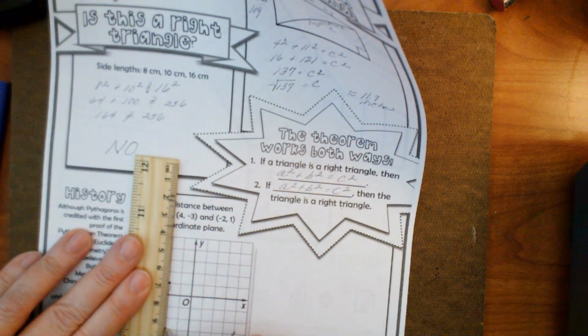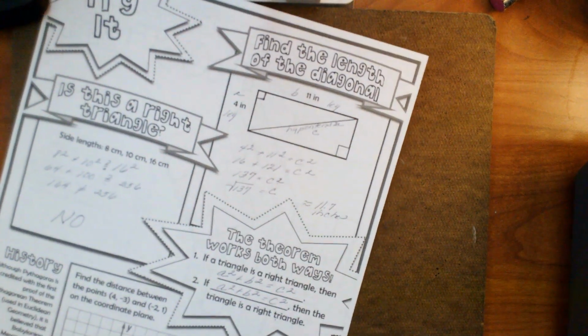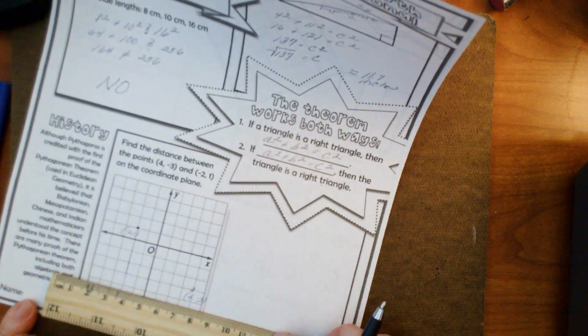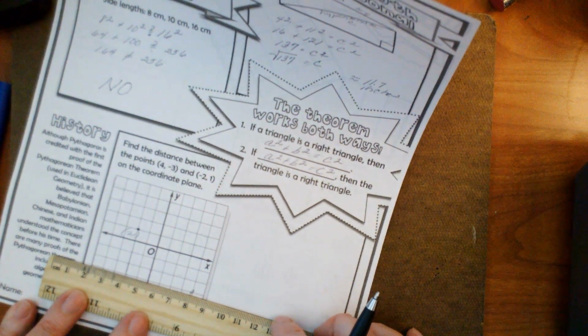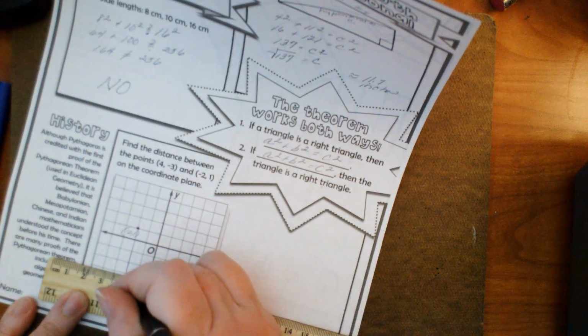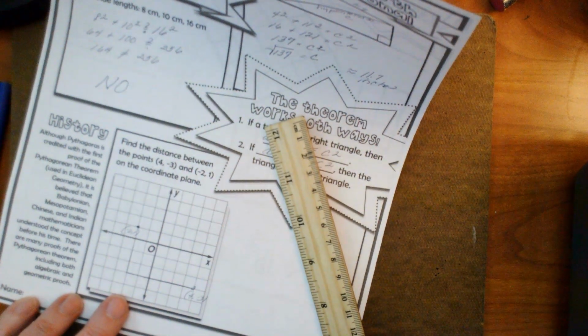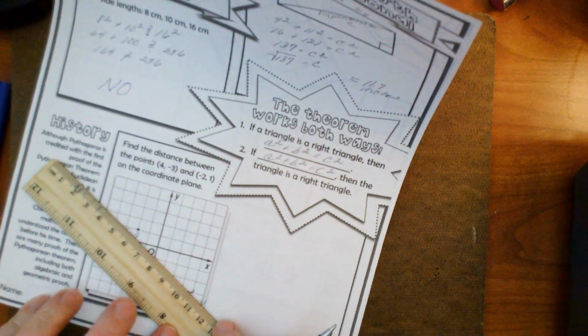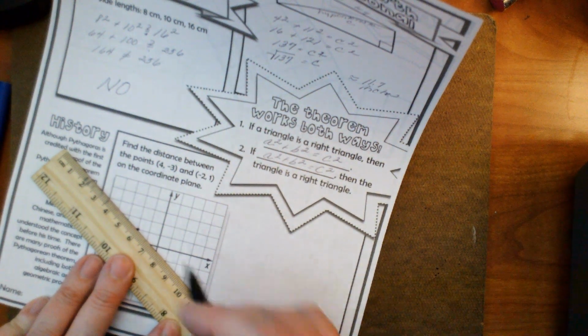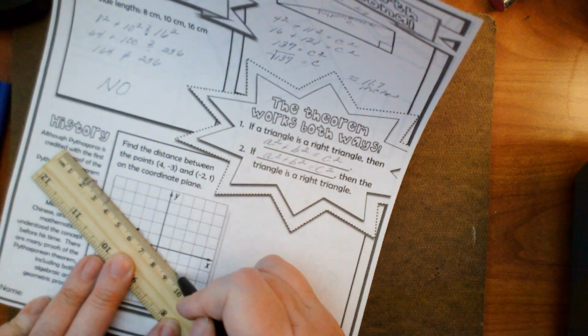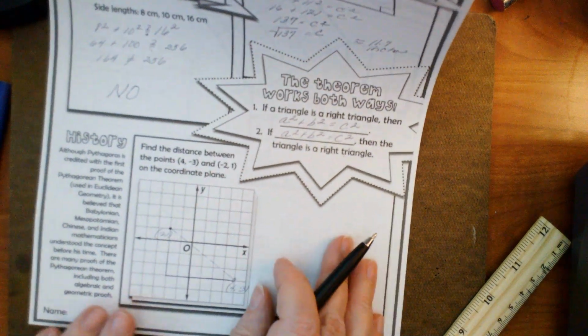So I'm going to draw a line that goes down, and then I'm going to draw another line so you can see it. And I'm going to draw another line this way. Okay, and then we're going to draw a line here. All right.